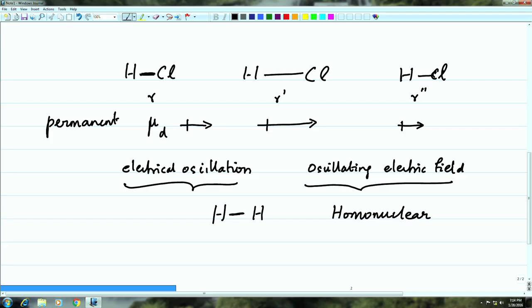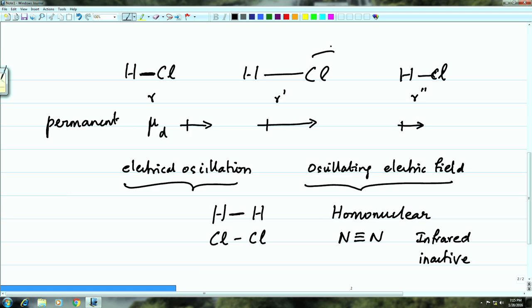But for the purpose of vibrational infrared spectroscopy, homo-nuclear diatomic molecules like that, or N triple bond N, are molecules which do not have a permanent dipole moment because there is no charge separation between the positive charges and the negative charges. This is one point, and therefore there is no moment associated with that. The first moment, there is none. Therefore, such molecules are not infrared active. They are called infrared inactive, and HCl is called infrared, IR active.